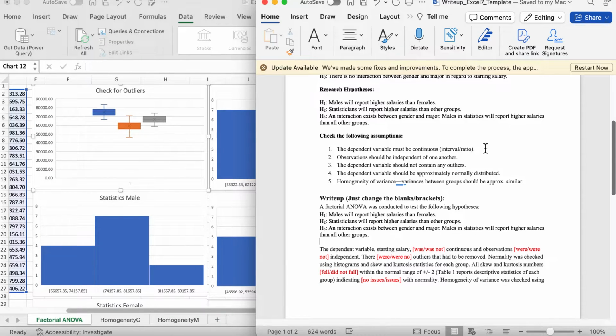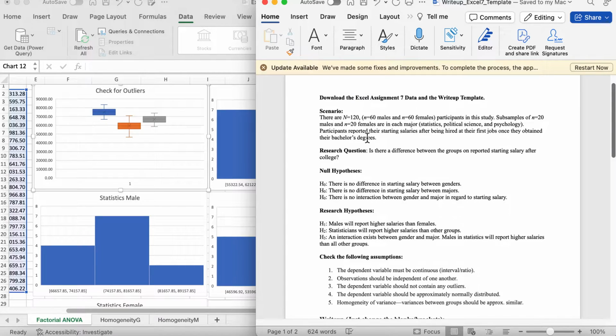I want to pull this up real quick. I'm doing this a little different for your write-up. This is going to be the same document that you download as a template. Most of this is going to stay the same up here. I don't think you're changing anything up here actually, because I'm going to give you the hypotheses and everything that you're going to test.